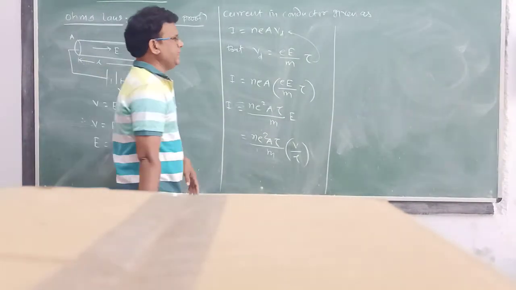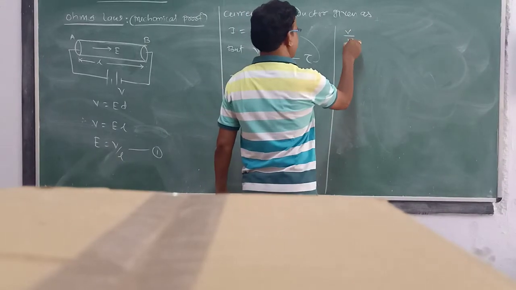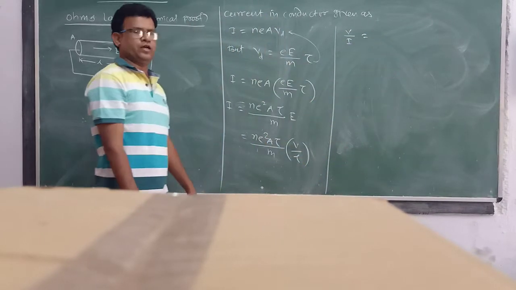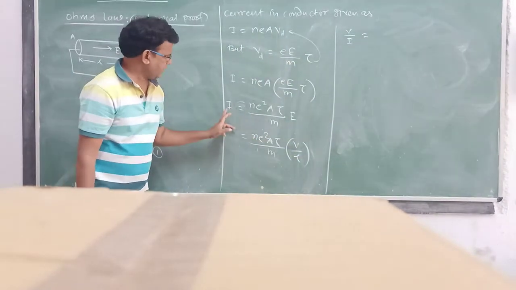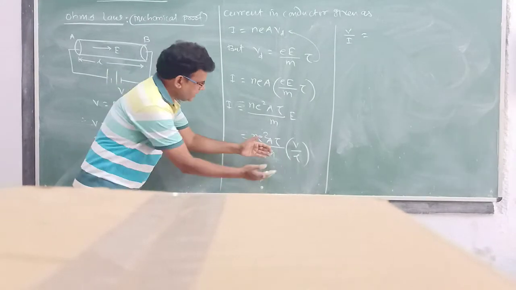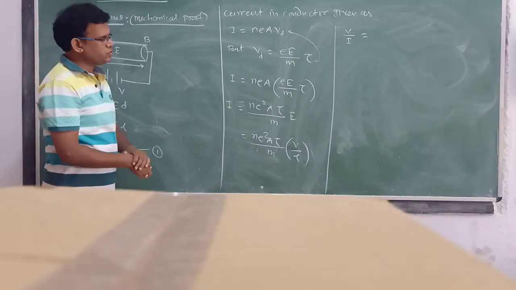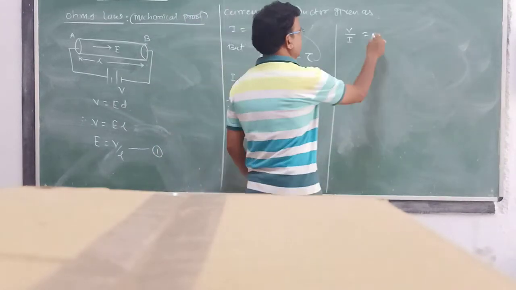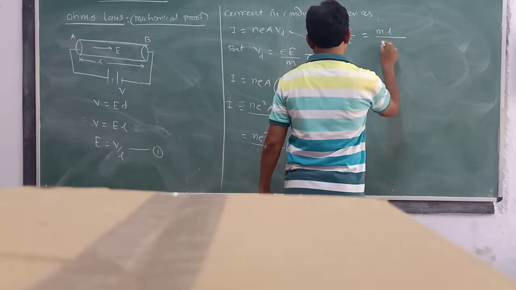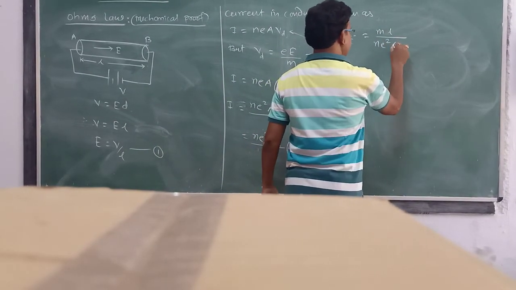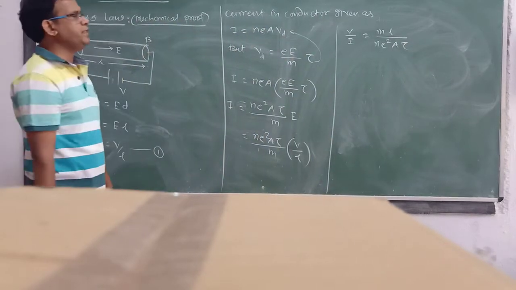So simply by rearranging the terms, we can get the relation V upon I equals what? I take the I to that side and bring all the other terms to the left side. So we will get m into L divided by n e square A into tau.